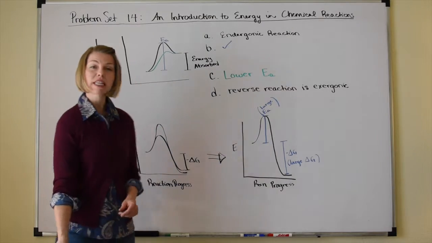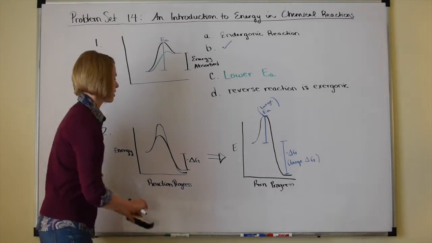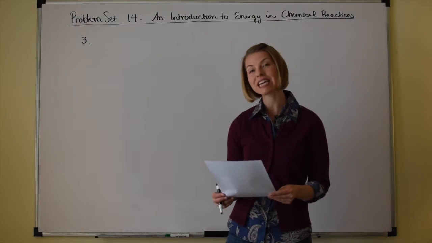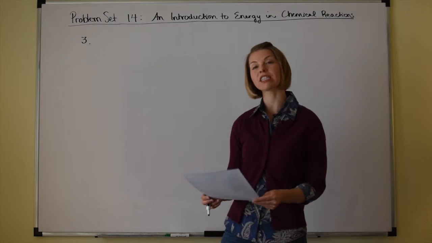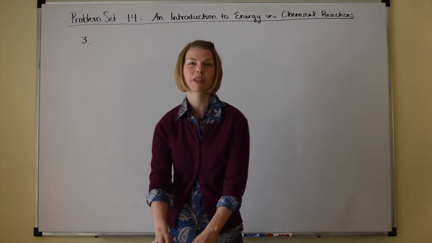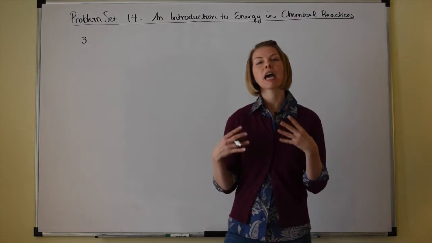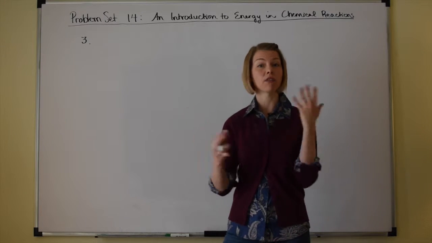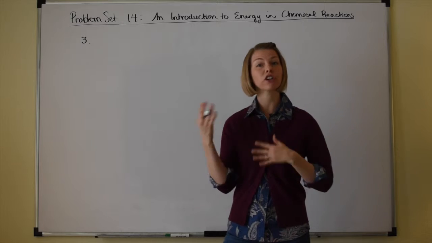All right, let's go ahead and erase here before we go on to number 3, so we have more room. Okay, number 3, explain why an increase in temperature increases the rate of a reaction. So remember that as the temperature increases, the kinetic energy of the molecules will also increase.